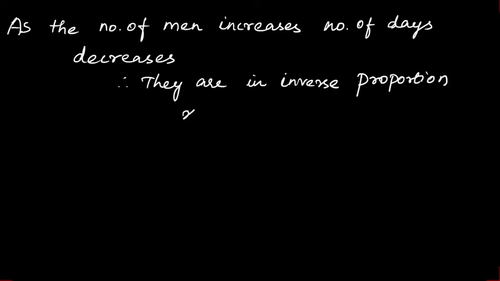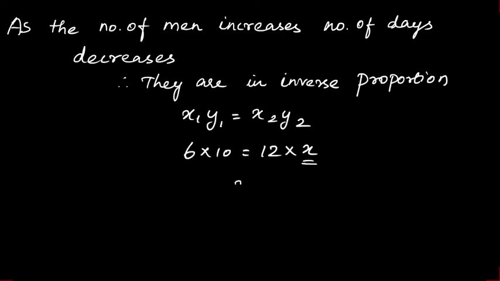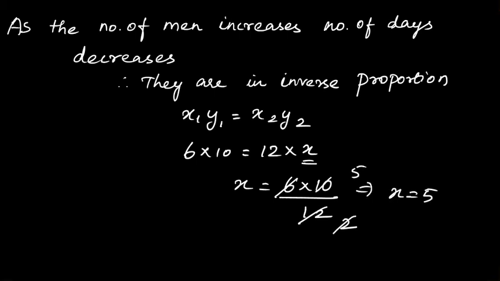So for inverse proportion, we have x1 y1 is equal to x2 y2. The values are 6 into 10 is equal to 12 into x. You need the value of x, so x is equal to 6 into 10 divided by 12. So you can cancel 6 and 12, you will get 2, and you can divide 10 by 2, you will get 5. Therefore x value is 5. Therefore remaining work will be completed in 5 days.